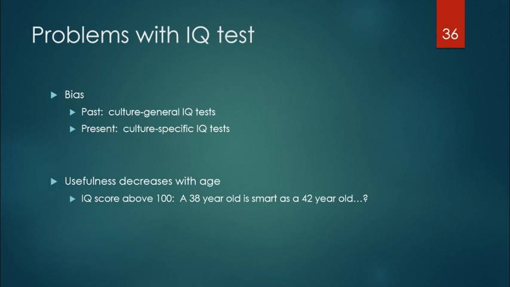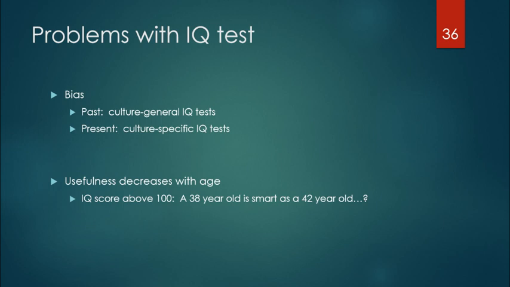But in this particular culture that they were giving the IQ test, this particular culture did not have a number for 13. They had a number for 1, a number for 2, a number for 3, but then anything beyond 3, they simply referred to as many.